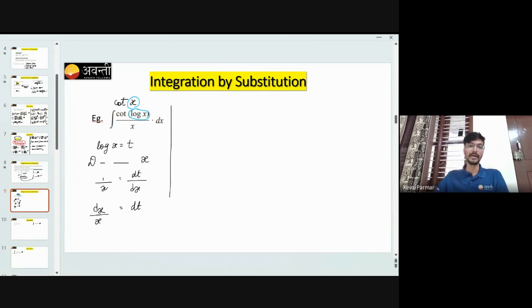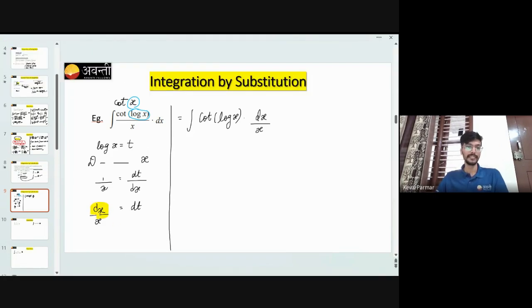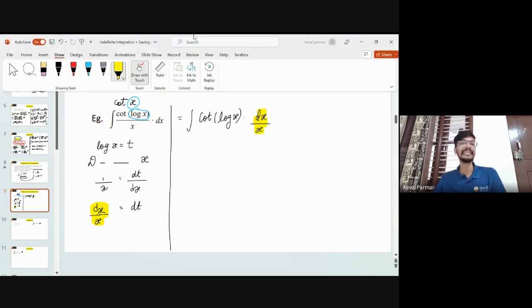So now I can write my question as, please see how I am writing it. Integration of cot log x into dx over x. So basically, in place of dx over x, I can write dt.